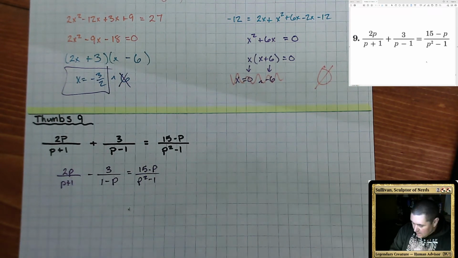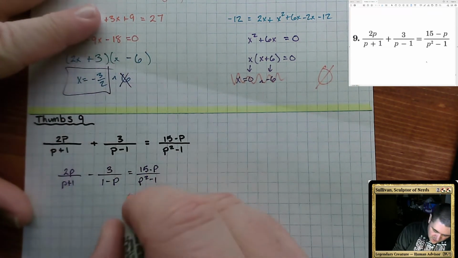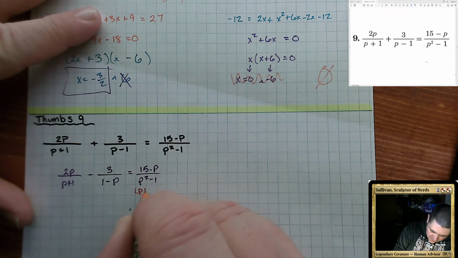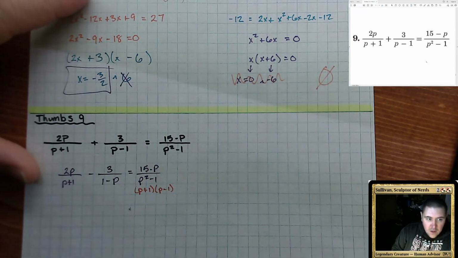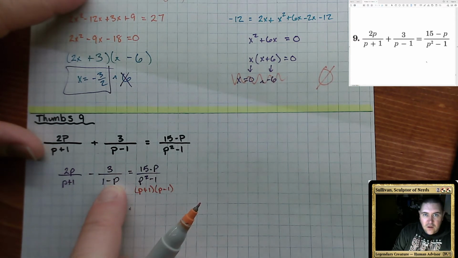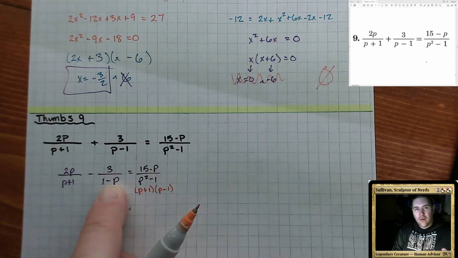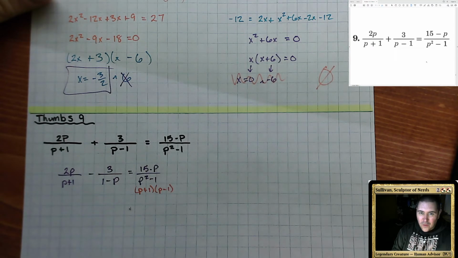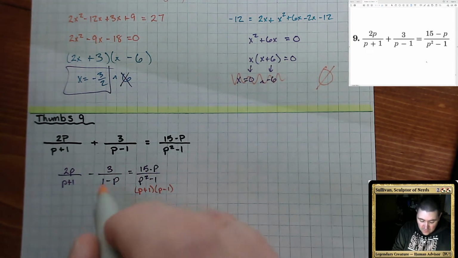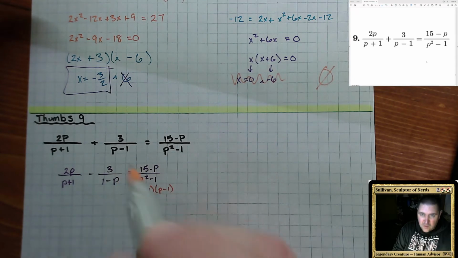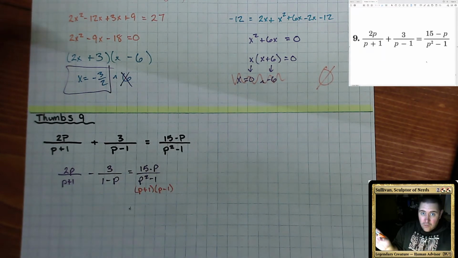And I'll see kids who get caught in that trap, that this is p plus 1, p minus 1, and they'll just kind of think, close enough, and they'll just run with it, pretending that this is just p minus 1, and they'll take this times p plus 1, and just go.